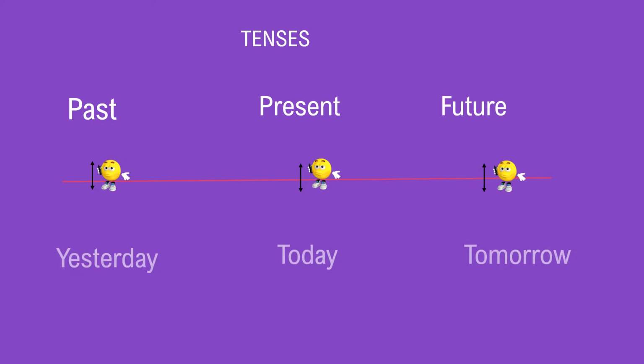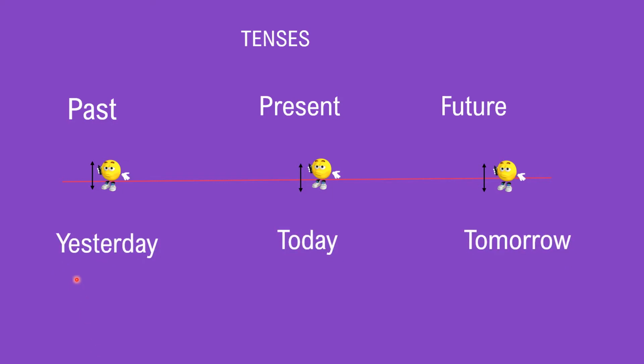So in simple English, tenses refers to your past tense, means yesterday or the time gone by. Present is your now or today. Future tense is what will be, whether it could be tomorrow, day after, or next year.